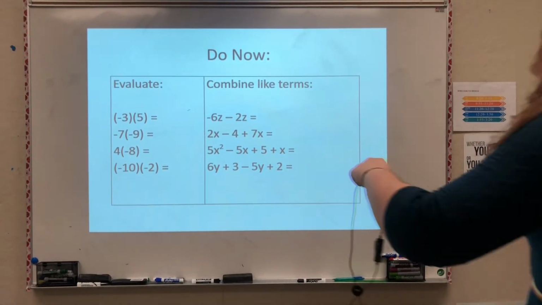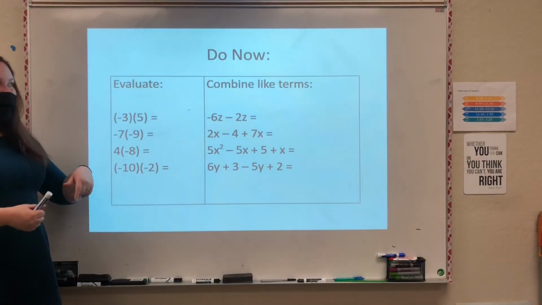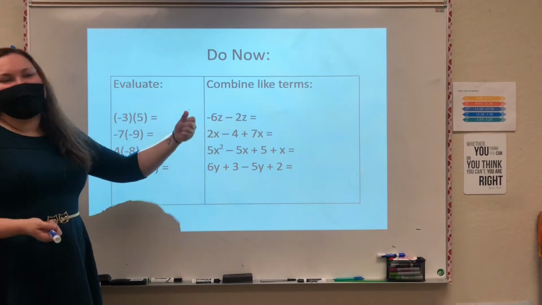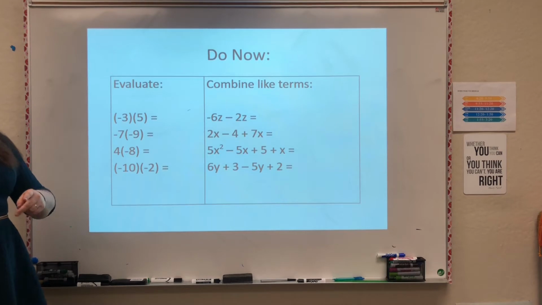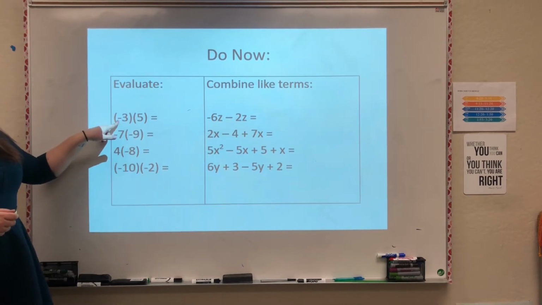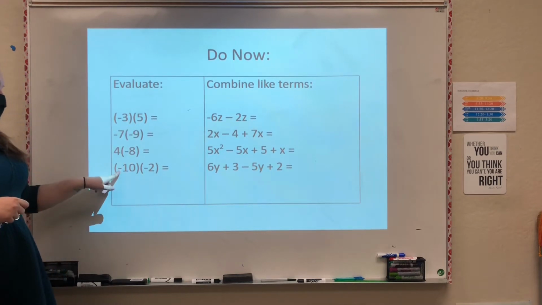Okay, so I did want to start off just by reviewing these because what we're doing today is going to be using some of each of these topics we learned in the past. For all of these here, these are all what type of problem? Multiplication. So when we're multiplying negatives, there's two rules we needed to know. The first one is if you're multiplying a negative and a positive, it's always going to be a negative, and then a negative times a negative.